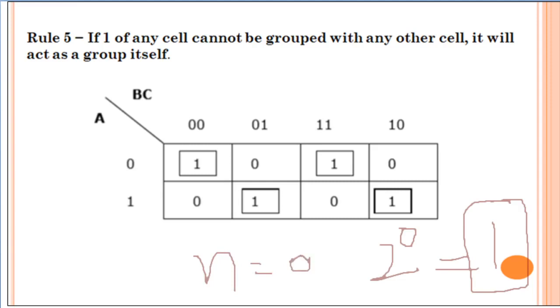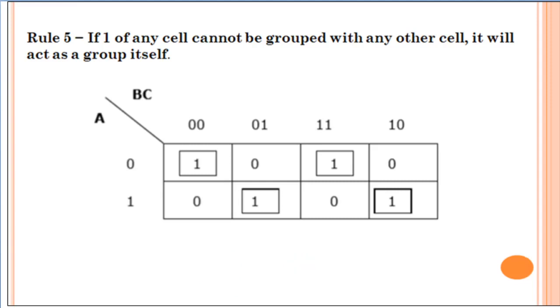Each one of the map must be included in at least one group. That means each given min term of a particular given function should be grouped.